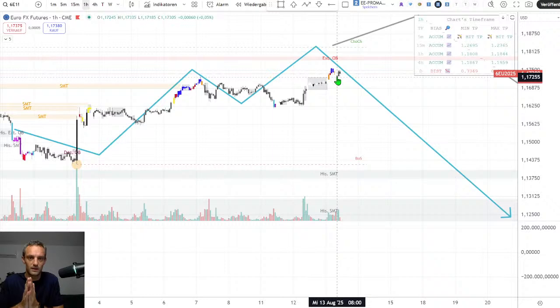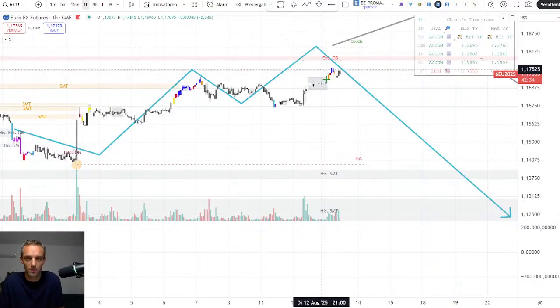when we have colorful candles, we always need to ask ourselves this question, okay, is this a continuation sign or is this a reversal sign? Because this question cannot be answered by volume ventures. It's showing us more or less the extremes when we have extreme order flow on the market side, and of course a push in the price.